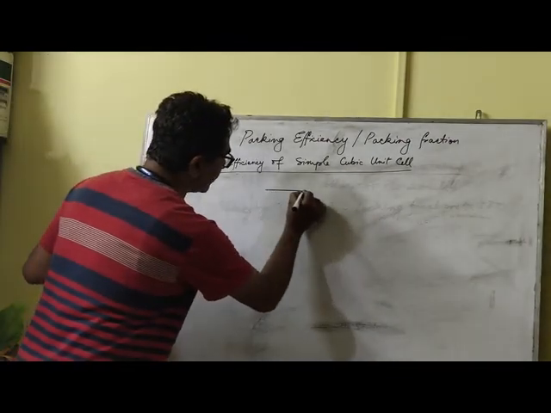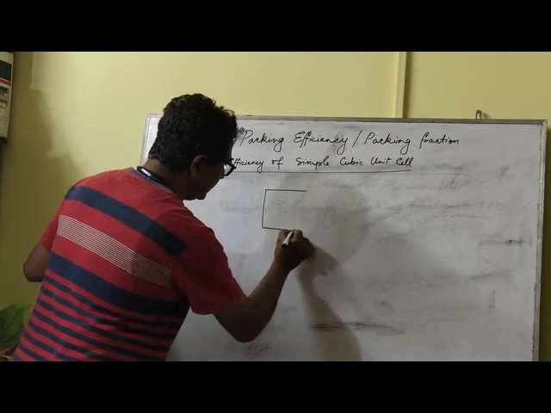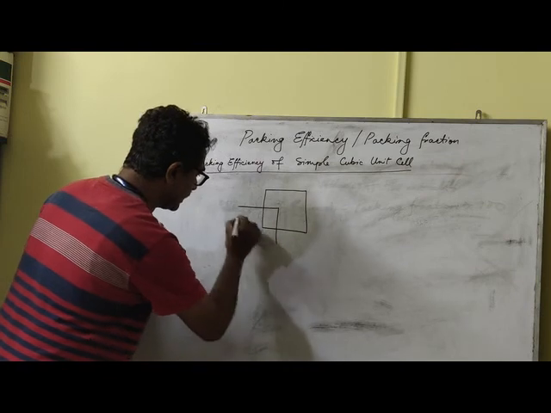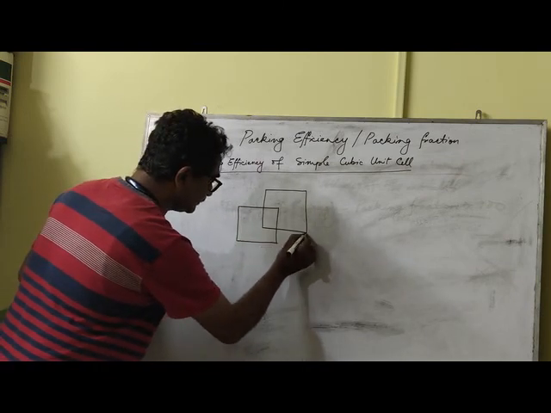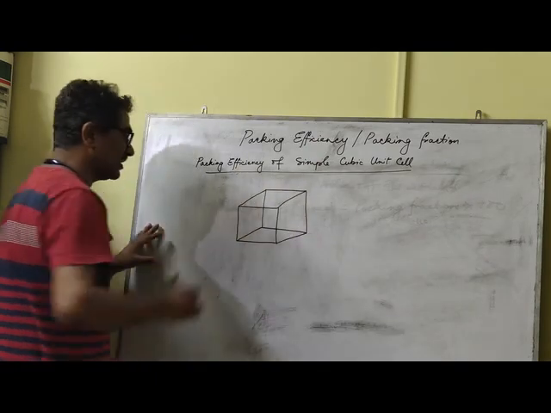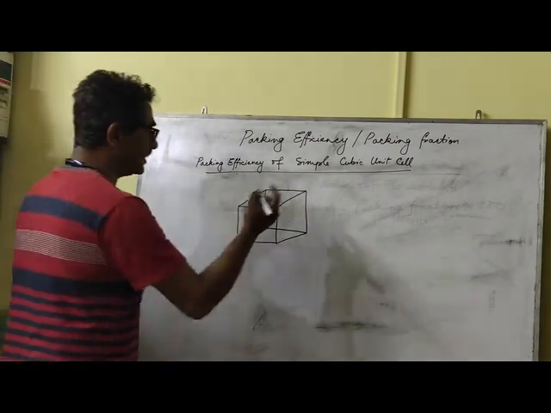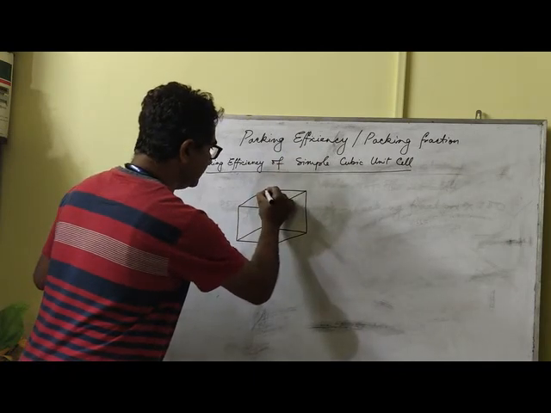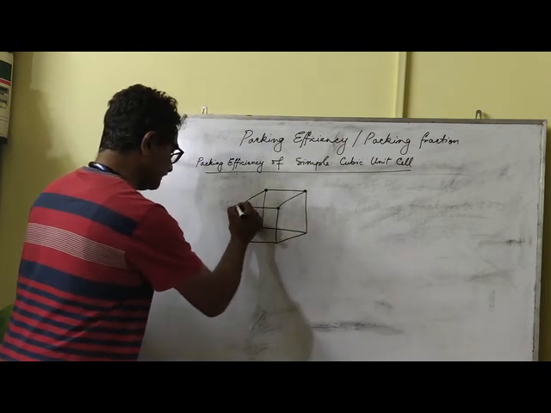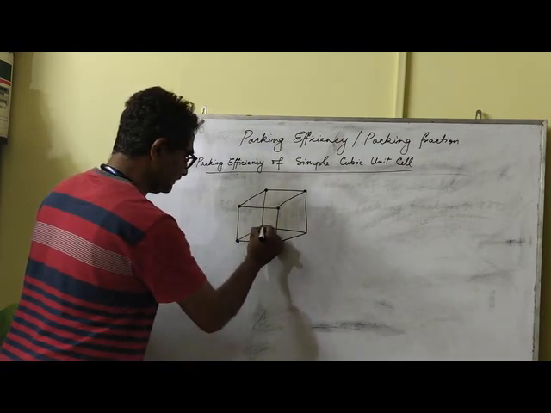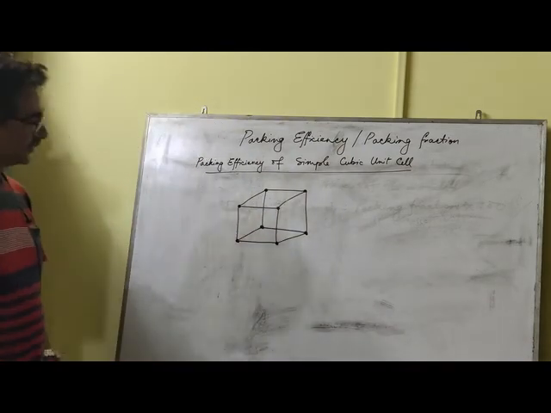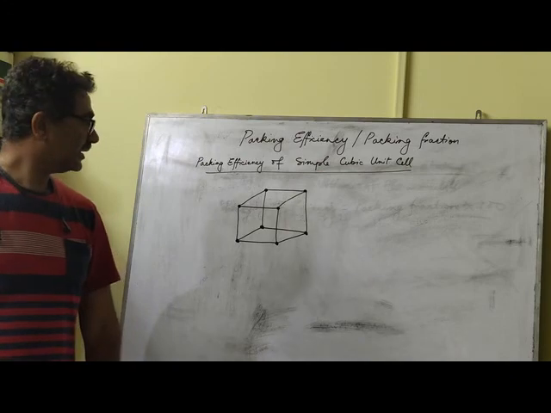Here, I'm going to take a unit cell, a cubic unit cell, a simple cubic unit cell. I believe you remember, in a cubic unit cell, we have atoms at the corner. So here it is.